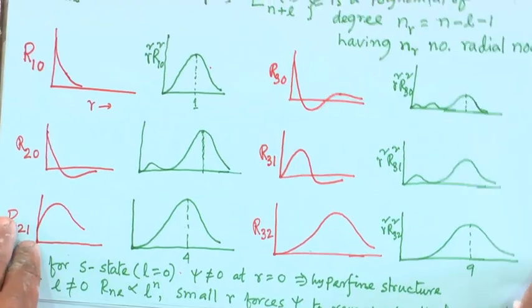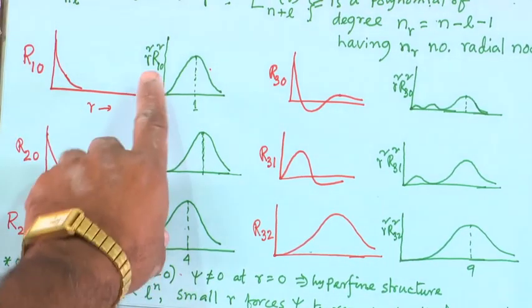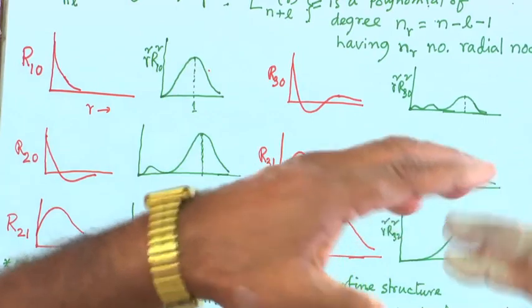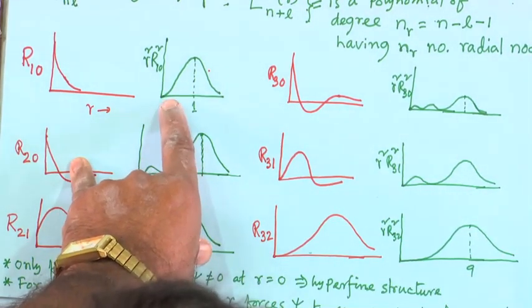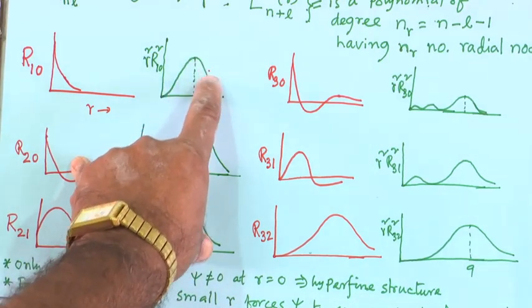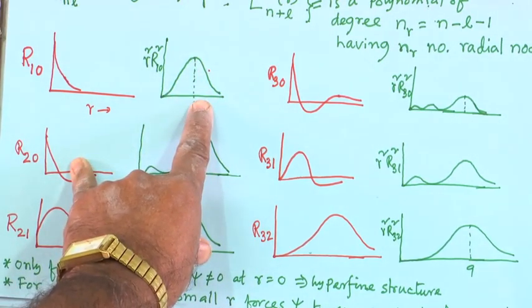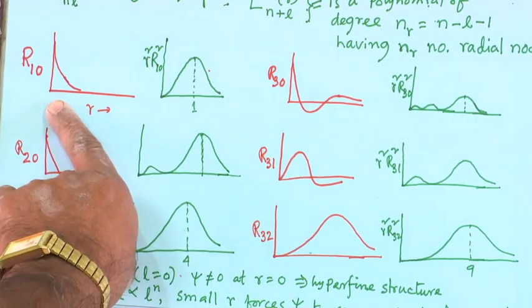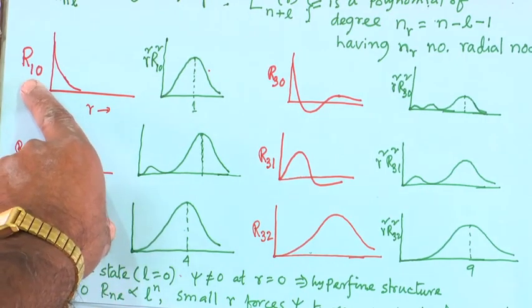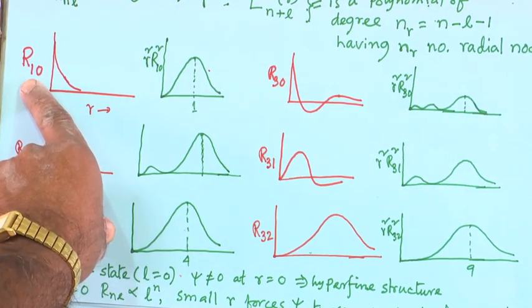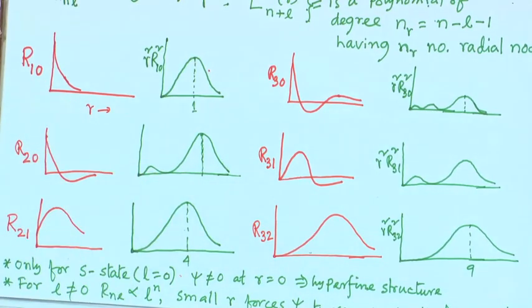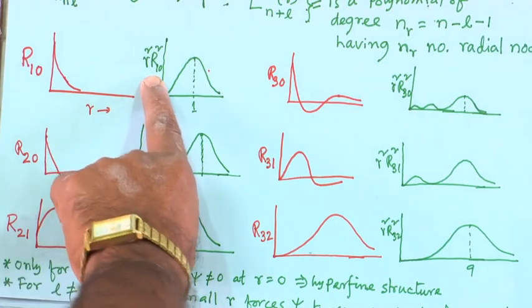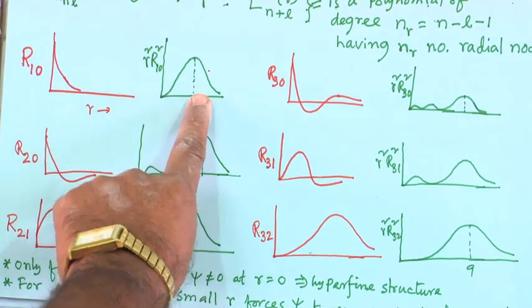Now, if I plot the probability to find the electron between two spherical shells, this is the probability, okay. So, one can get this from here. What about the r? We have to make a square of it. Why does it look like this?